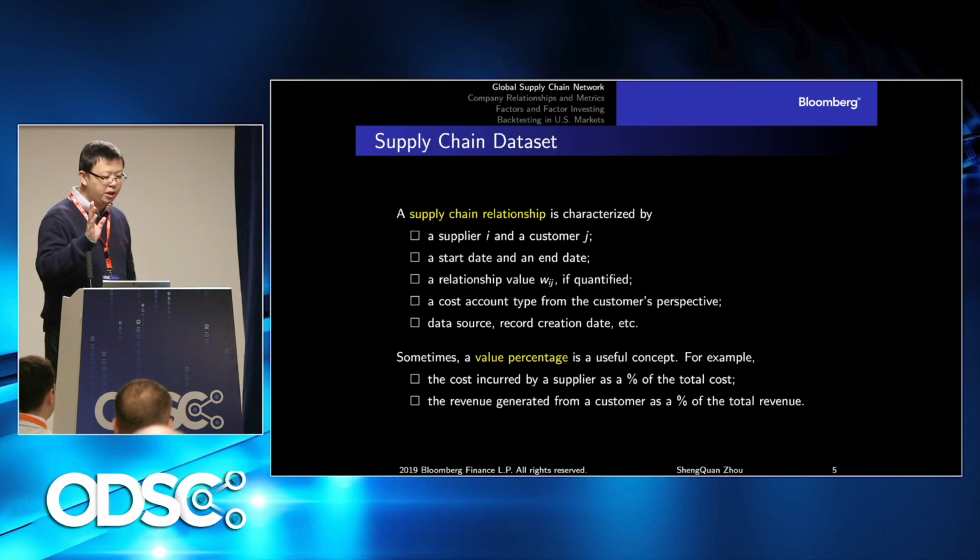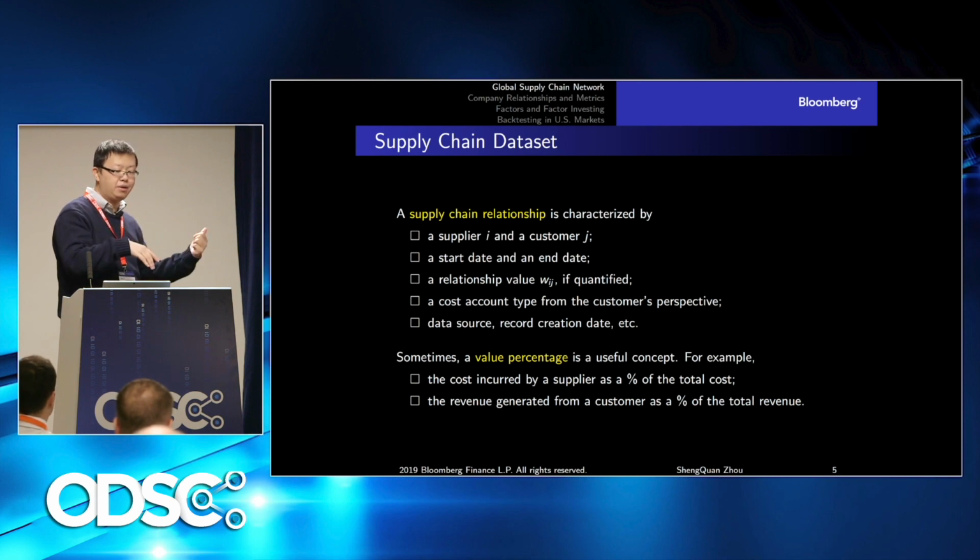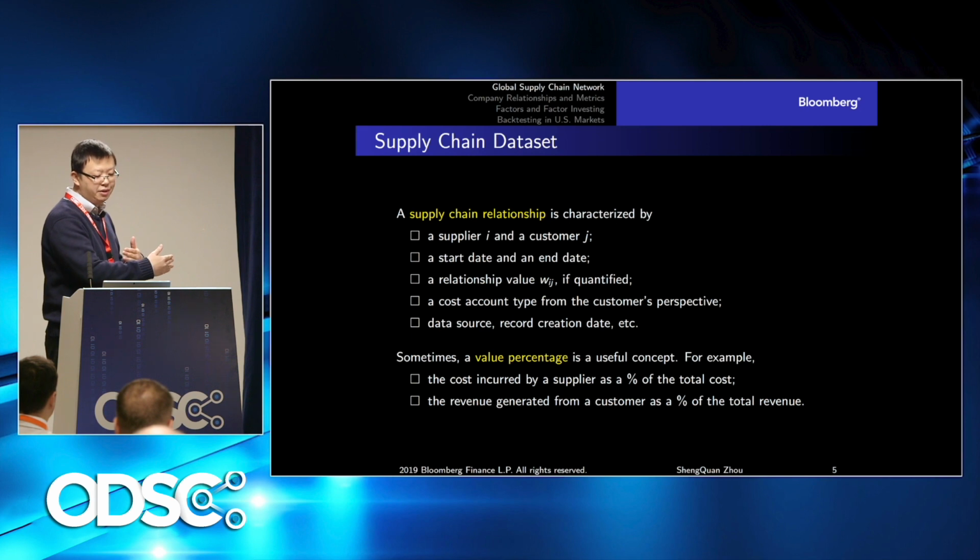Mathematically speaking, a supply chain relationship is characterized by a supplier, a customer, a start date and an end date of the relationship. And usually if the relationship is quantified, you have a value. It could be a dollar value of the relationship, or it could be some percentage ratio. For example, from the supplier's perspective, what is the revenue percentage I generated from this customer as a percentage of my whole revenue?